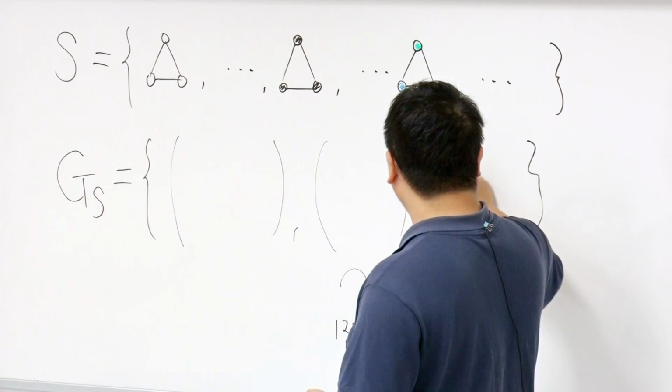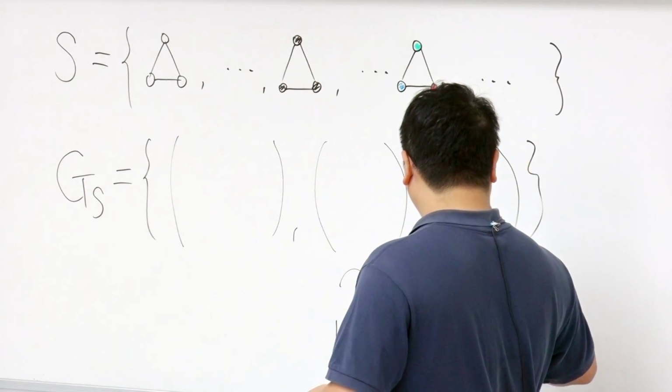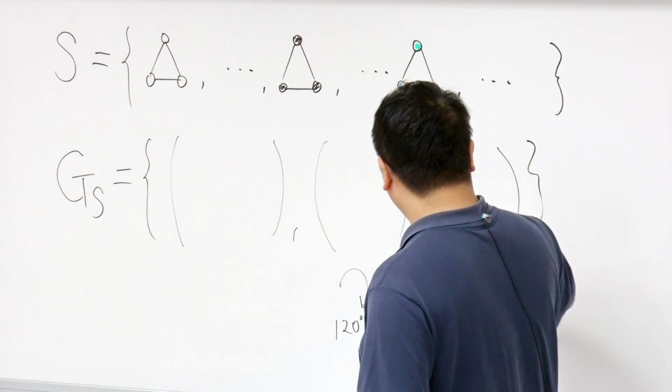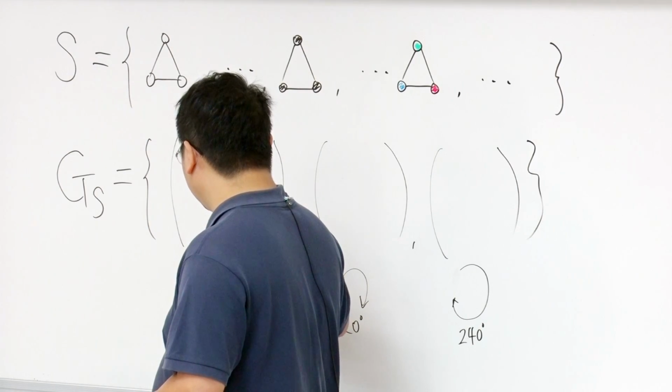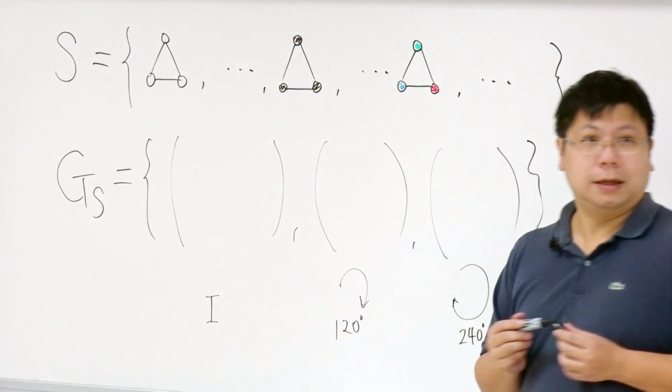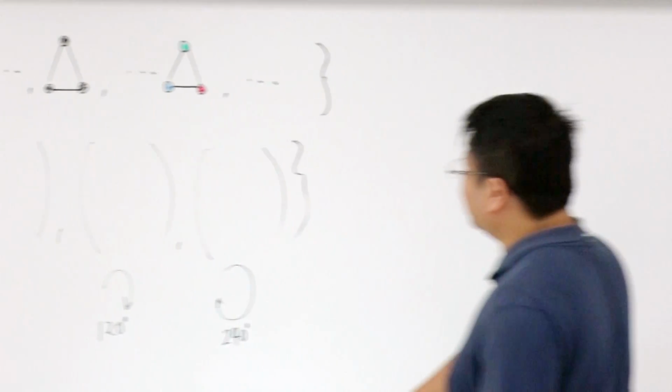And there should be one that rotates 240 degrees. Is that okay? It's still the same as the previous problem. We just need to consider 3 permutations.